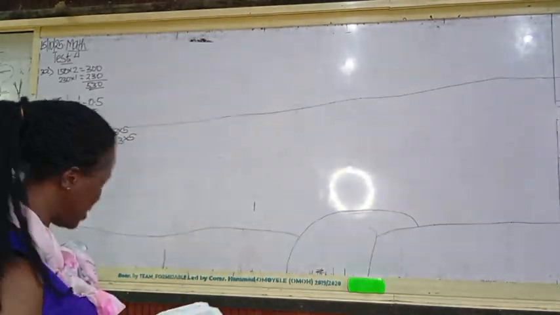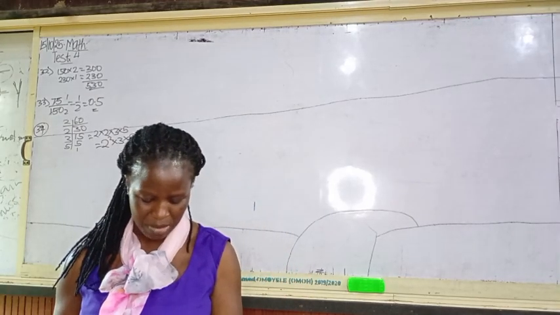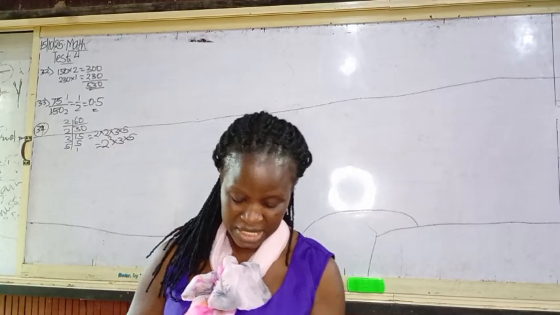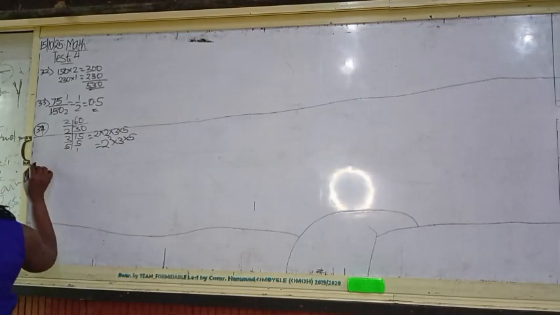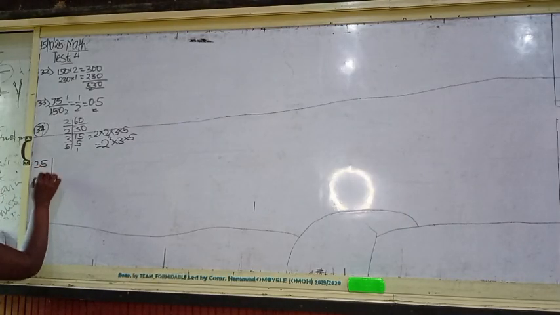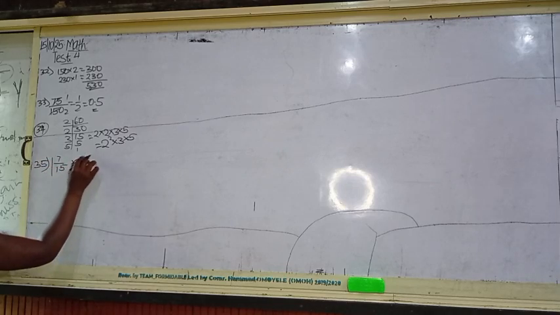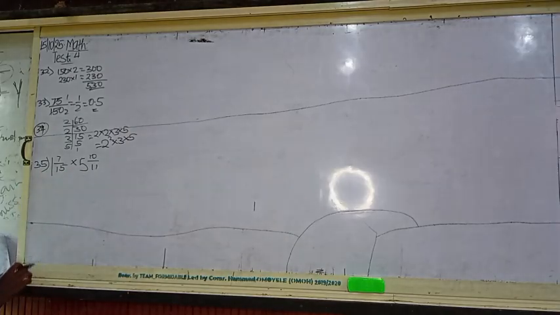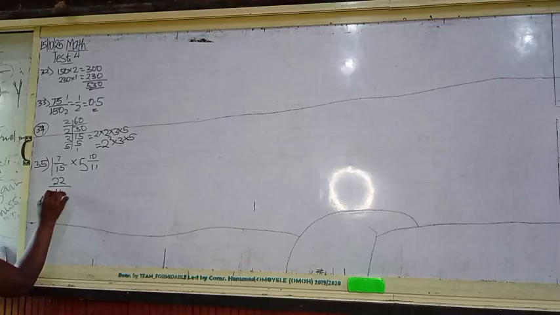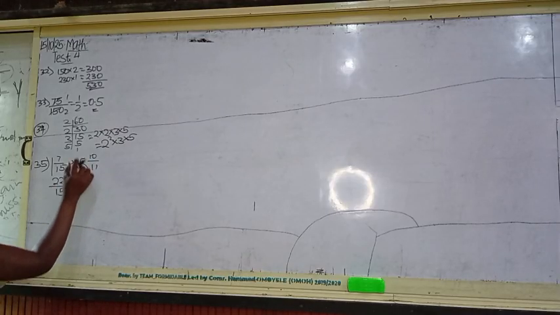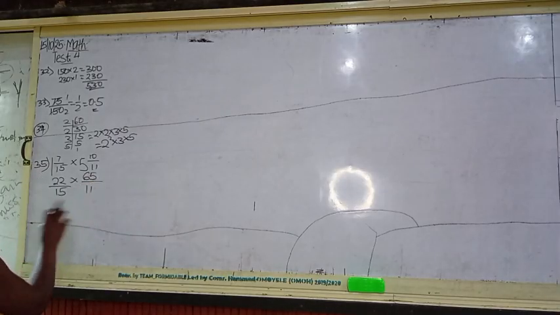Number 35 question. 1 whole number 7/15 multiplied by 5 whole number 10/11. This is a mixed fraction. Let's change it to an improper fraction before we start dealing with it. 15 times 1 is 15, 15 plus 7 is 22/15. And 11 times 5 is 55, plus 10, that is 65/11. So we multiply this together.